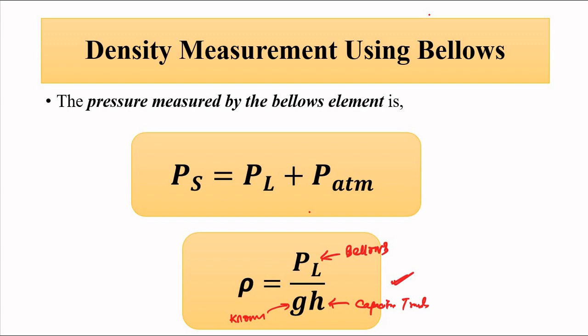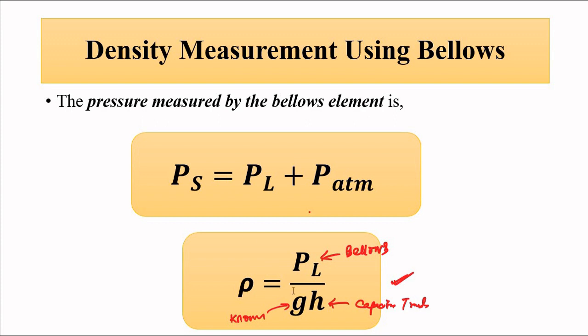This density measurement is dependent on the measurement of the liquid column pressure by bellows, which will have its own range of error, and also level measurement using the capacitive sensor will also have error, but we can manage it. So error management also comes into play. It has its own advantages and disadvantages, but still it is a good measurement technique for density measurement of a liquid column.